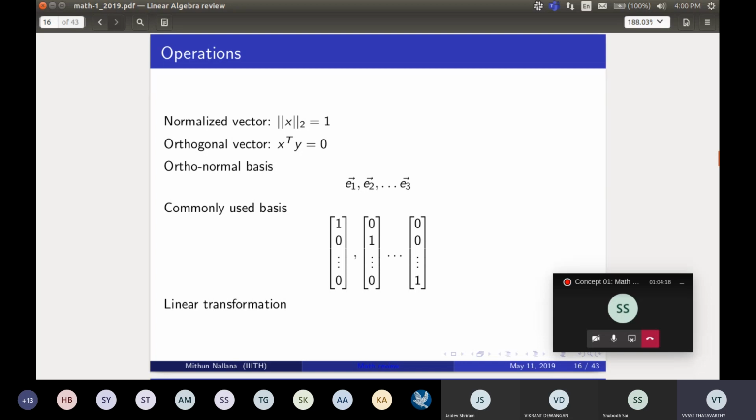The other operation that we have to perform on vectors is to take the normalized vector. If you take the L2 norm of a vector and it equals 1, then you call it a normalized vector, because its norm equals 1. That is just the name you give to a normalized vector. For example, 1, 2, 3 is not a normalized vector.